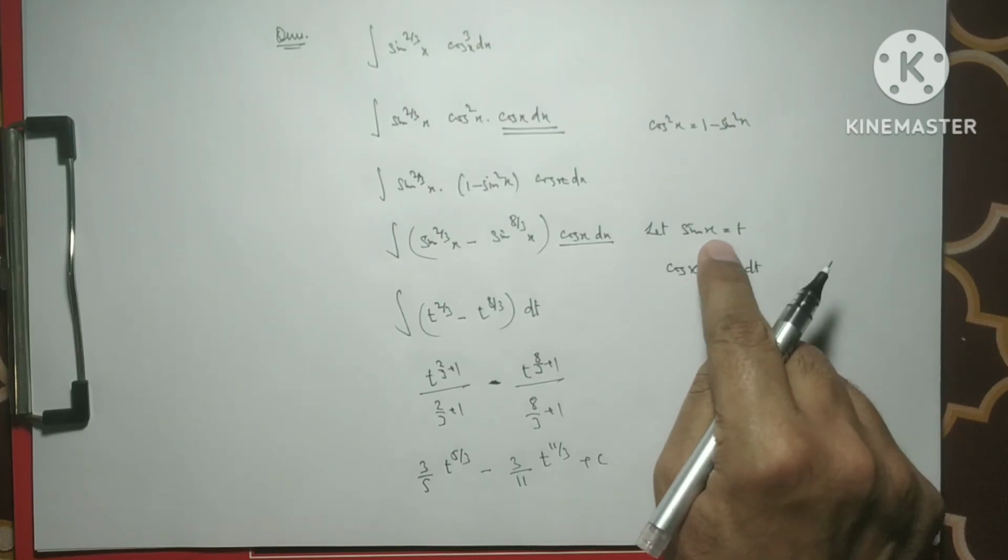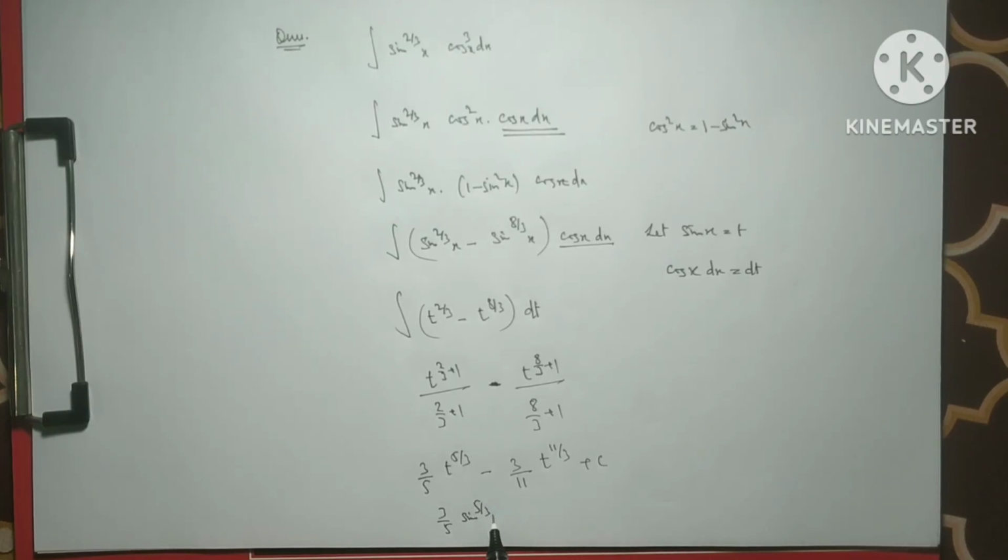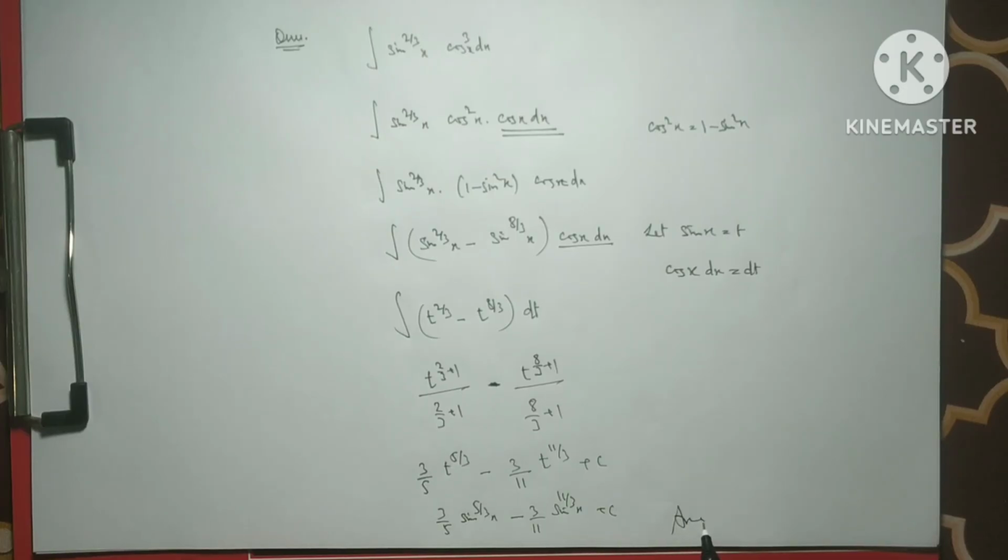So we substitute this value as t. It is 3/5 sine x to the 5/3 minus 3/11 sine x to the 11/3. So this is the answer.